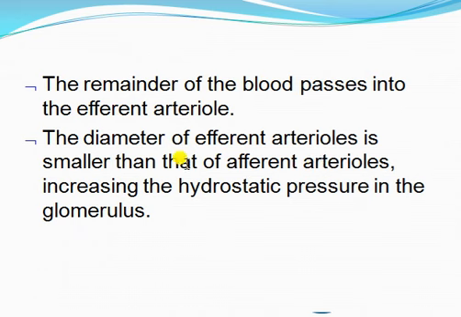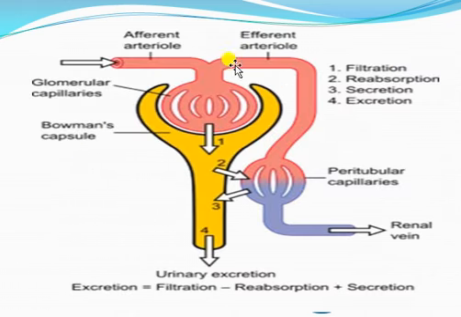The diameter of the efferent arteriole is smaller than that of the afferent arteriole. This is one of the important points also. See, you can see once again, this diameter is very small when compared to the afferent arteriole.